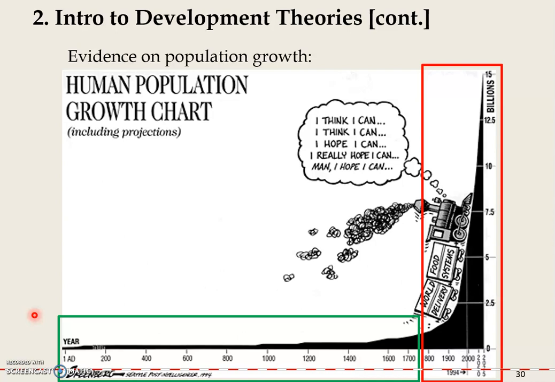So again, we definitely experienced the population explosion, as Malthus said. Remember, Malthus published his book in the early 19th century, right? So he was right about the population growth.